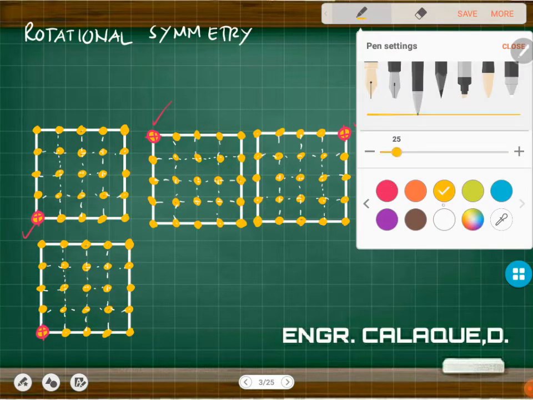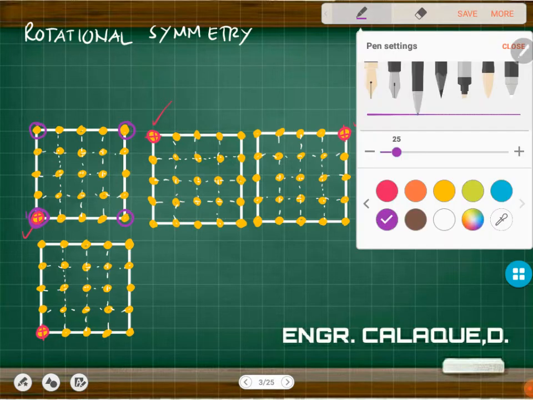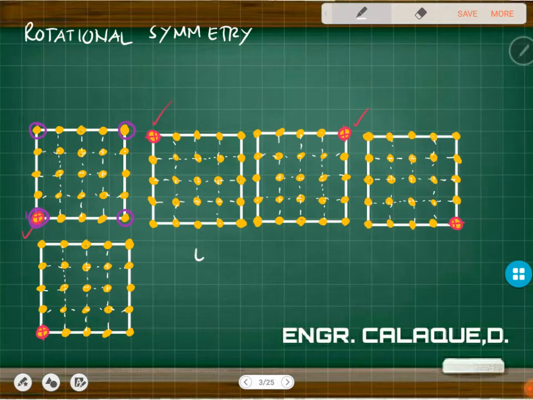So anyway, the point is, starting from here, it went here, right? Starting from here, it went here. The next rotation, it went here. Next rotation, it went here. Next rotation, it returned to its original position. So this is a four-fold rotation. Okay?